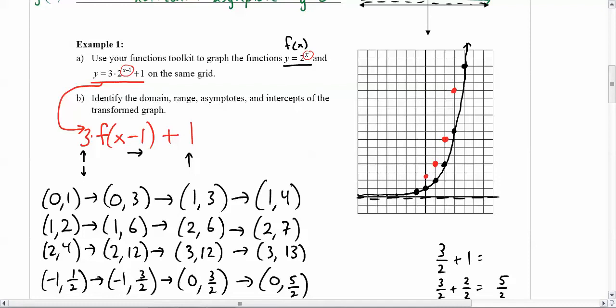Any idea where my asymptote will move? Up 1. The only thing that can move an asymptote is a vertical translation. Okay, so this is the only thing that can move the asymptote in an exponential function.